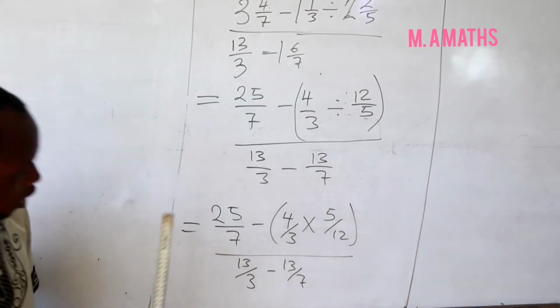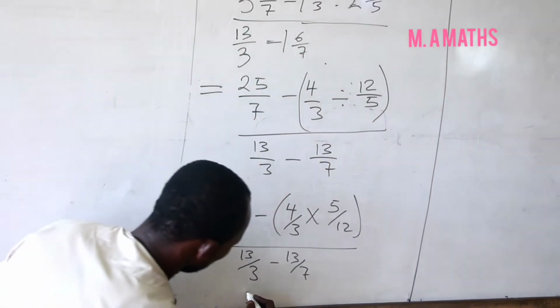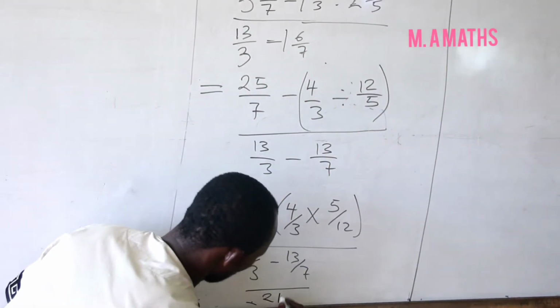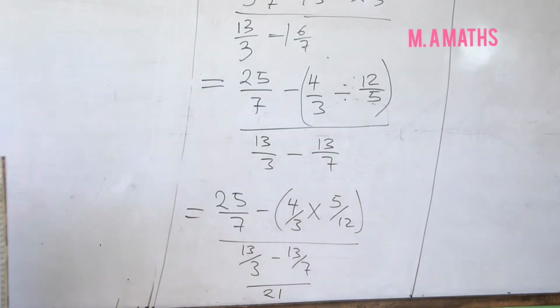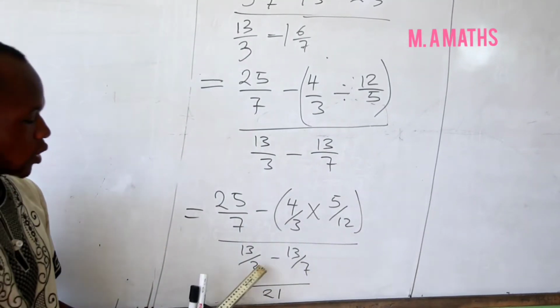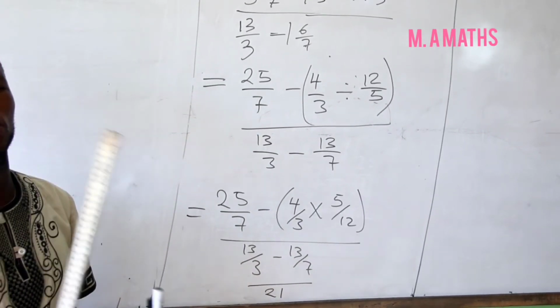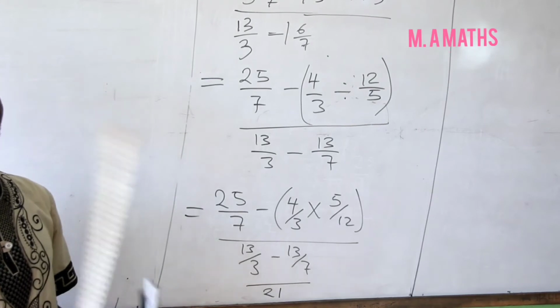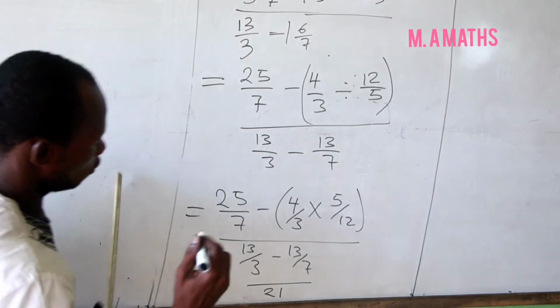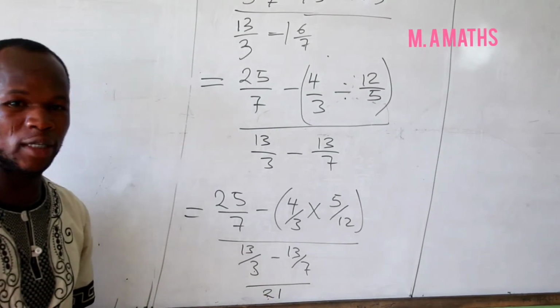For the denominator here, we can find our LCM, which will give us 21. In finding the LCM, this is simple: you can decide to multiply the denominators because one of them is not a multiple of the other. 3 goes into 21 how many times?